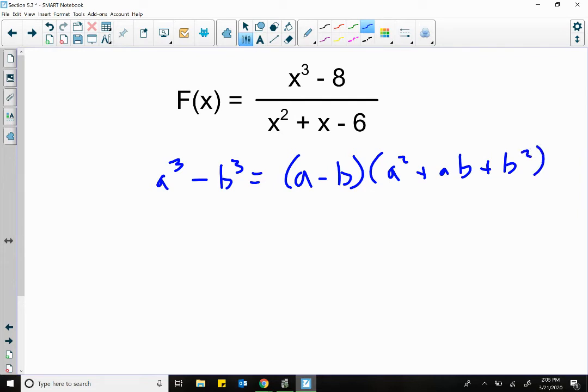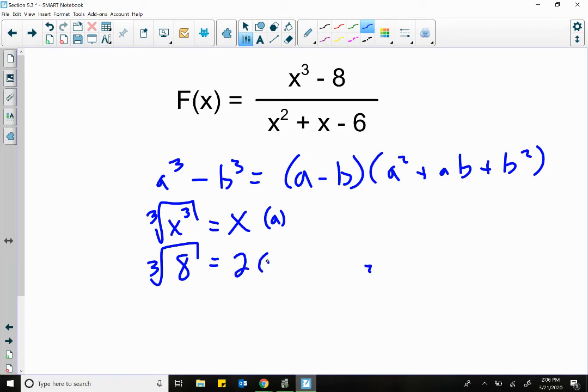How you find out what the a and the b are is you take the cube root of each one of those factors. So I take the cube root of the x cubed, and that gives you x. Sorry, cube root, because these are cubics. That is who we call a. You take the cube root of the 8, and that is 2, and that is who you call b up here. Okay? All you got to do is fill in.